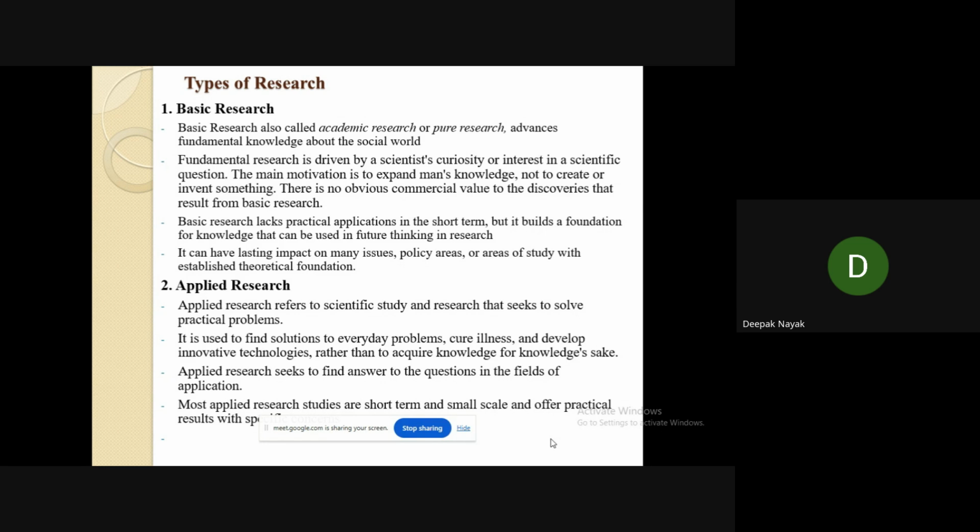All these things together help us decide what kind of research we are to conduct. And every type of research has its own goal and its own typical, characteristic way of conducting research.